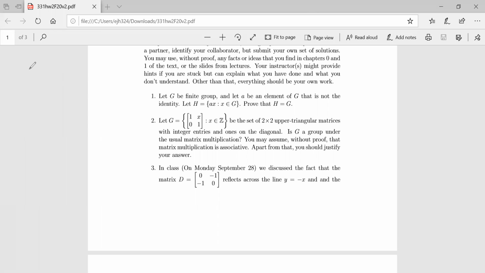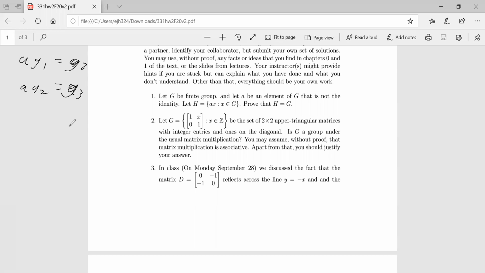So what do we know about this group G? We basically just know that it is finite, and we're taking any element A in G and applying it to every single element in G, right? So we get AG1, AG2, and so on.